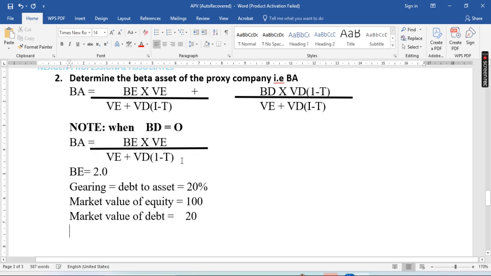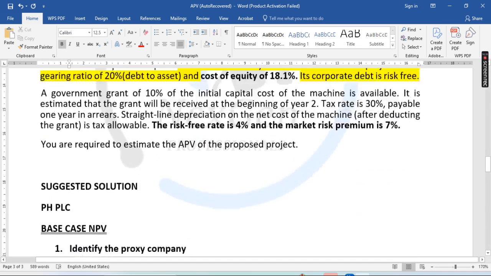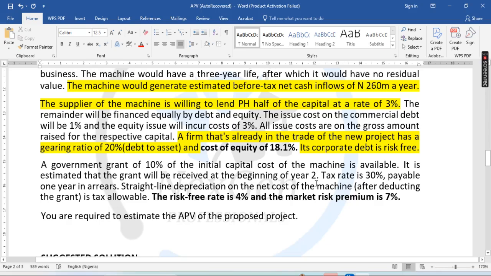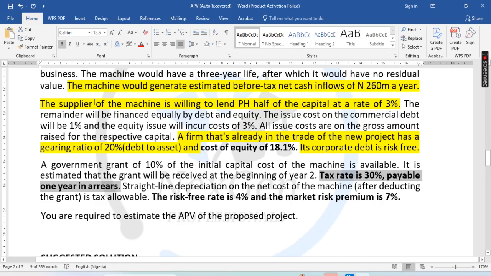Now, what is the tax rate given to us? Are we given the tax rate of the Proxy company in this question? No, right? The tax rate of the Proxy company is not given, right? But we're given the tax rate here to be 30% and it is being paid in arrears. Can you see the 30%?